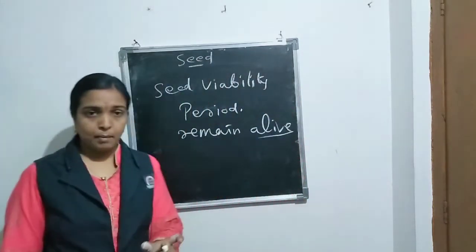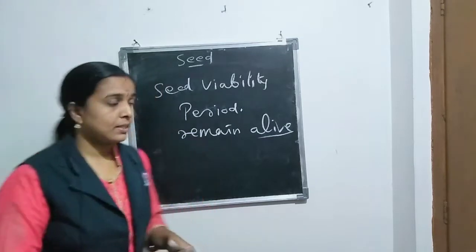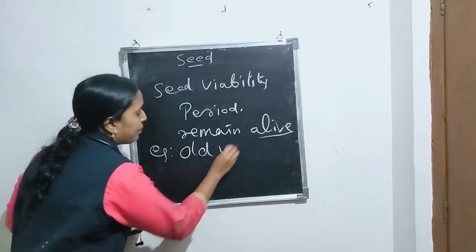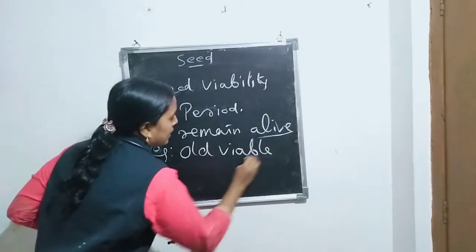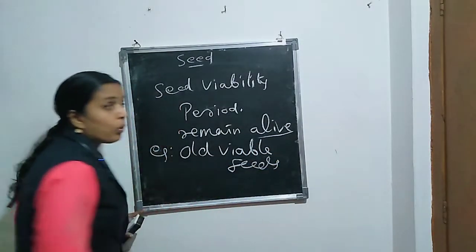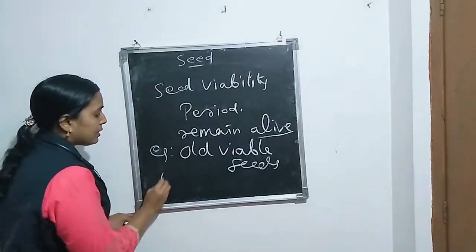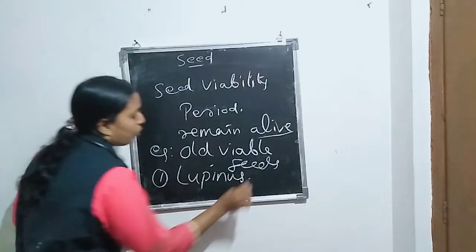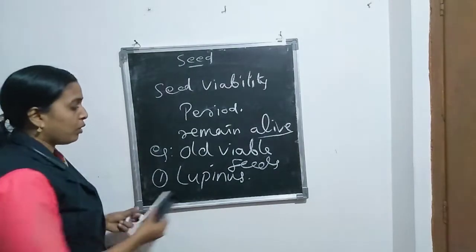Here are two examples of old viable seeds. First example, lupinus.